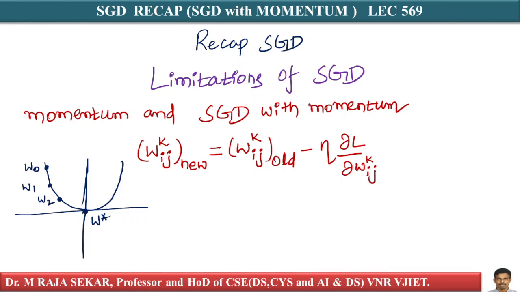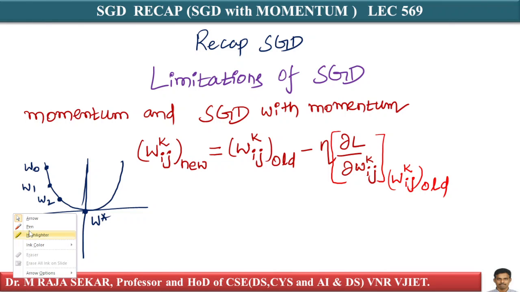When you start, you take a random initialization, where we compute the derivative at the previous point. While calculating W_kij new, we will compute dou L by dou W_kij at W_kij old.